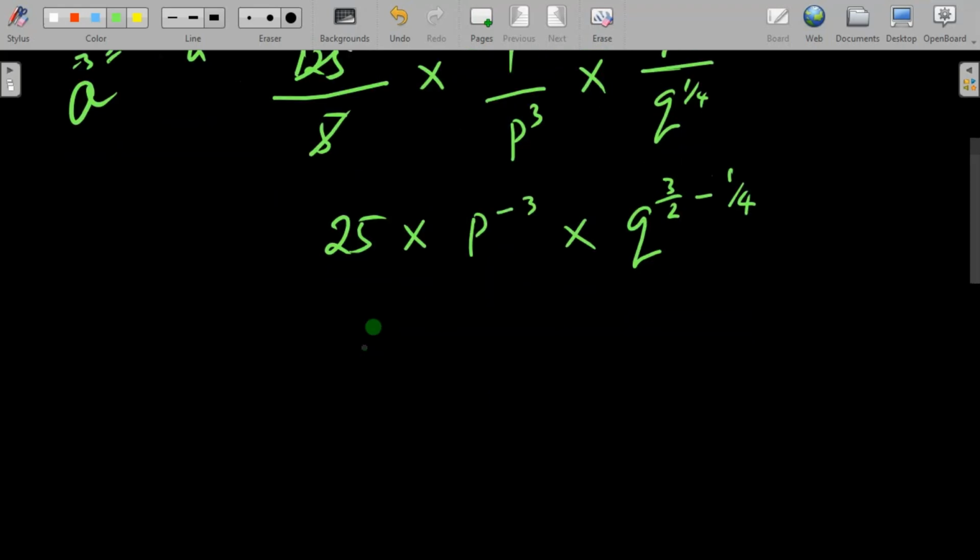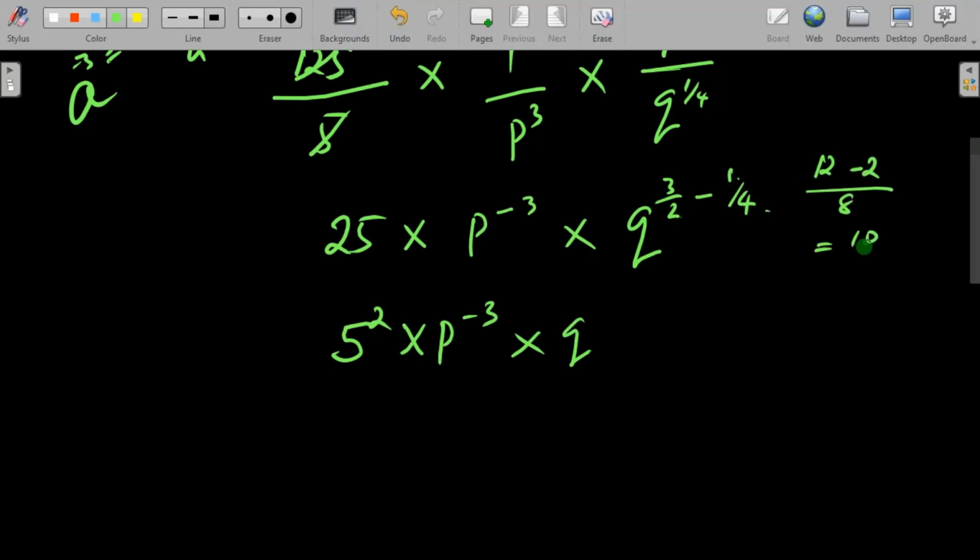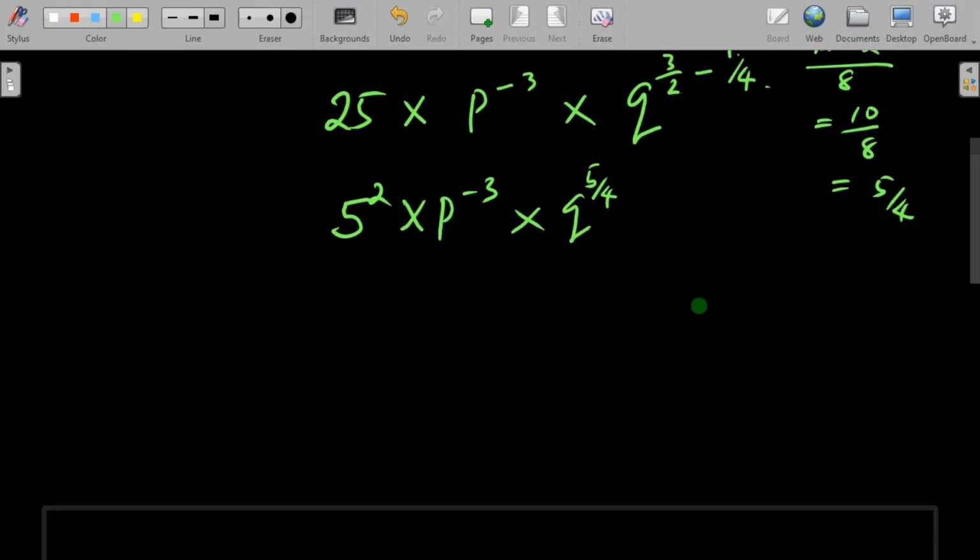So when I bring them back, I will have 25 can be written as 5 squared, multiply p to the power minus 3, then multiply q raised to the power: 3 times 2 is 6 minus... actually 3 times 2 minus 1 times... this gives 12 minus 2 over 8, which is 10 over 8, and can be written as 5 over 4 to the lowest term. So this can now be written together as 5 squared, then p raised to the power minus 3, then q to the power of 5 over 4.